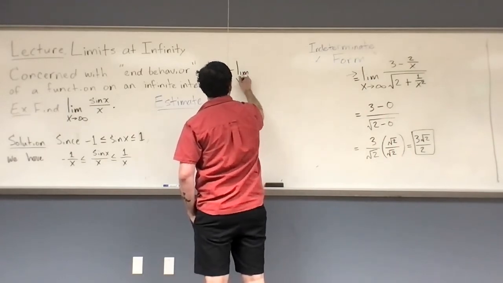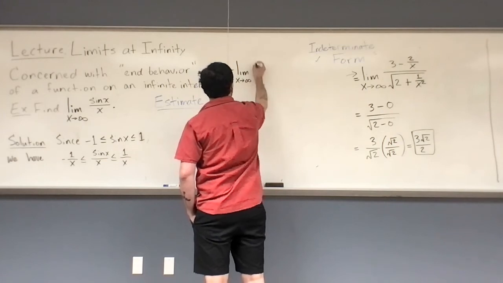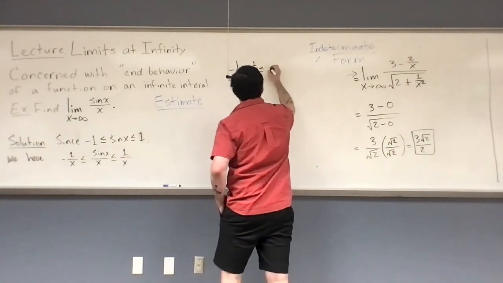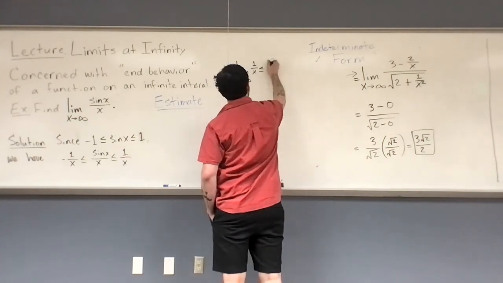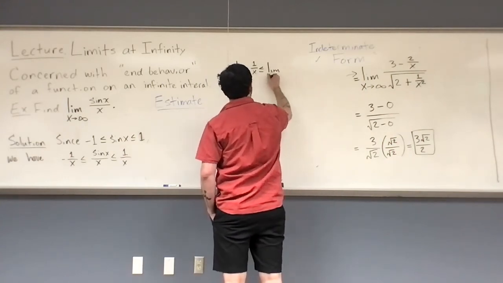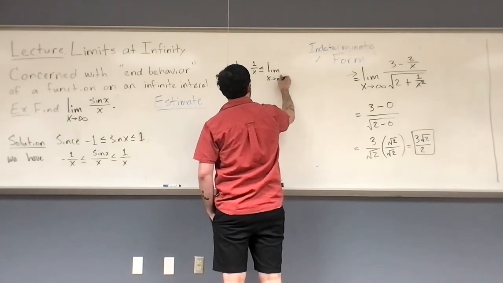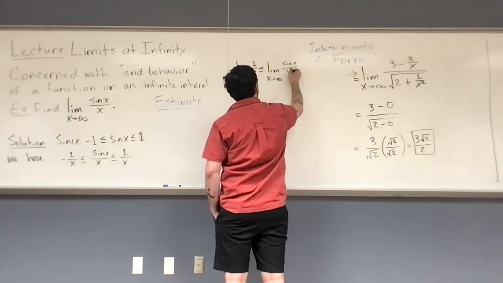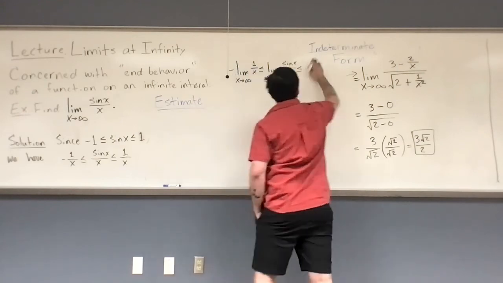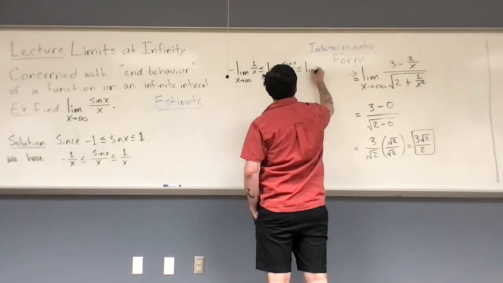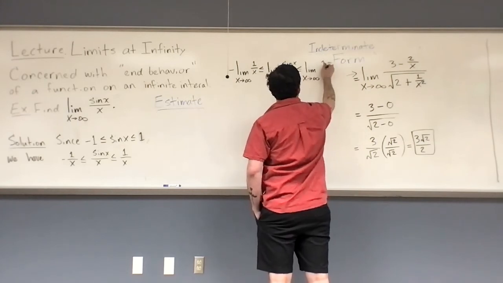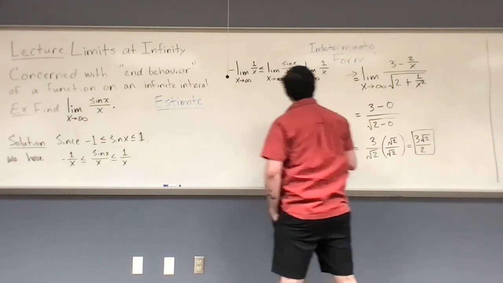Take the limit as x goes to infinity of -1 over x, which is less than or equal to the limit as x goes to infinity of sine x over x, which is less than or equal to the limit as x goes to infinity of 1 over x.